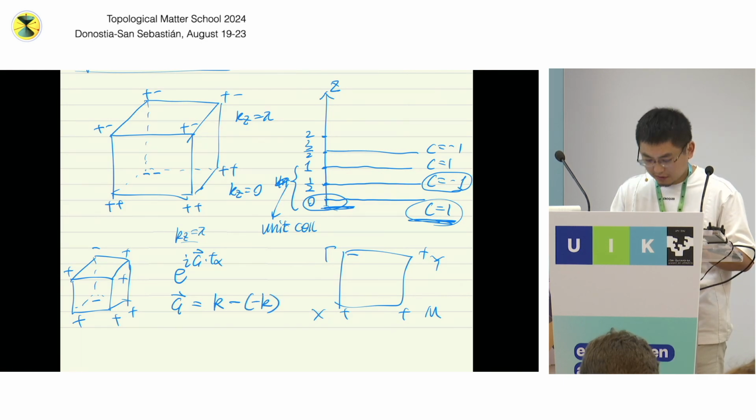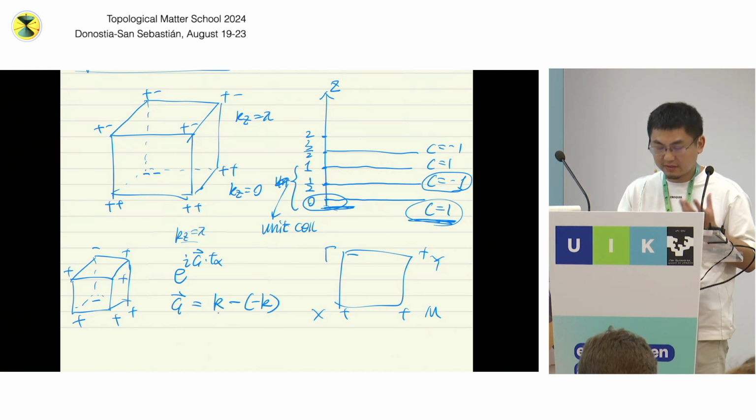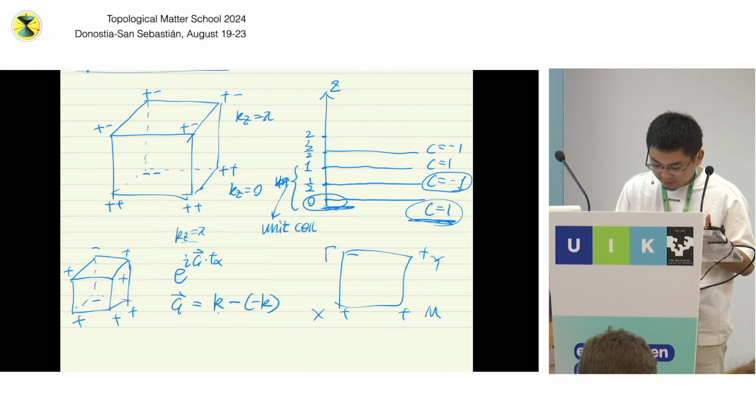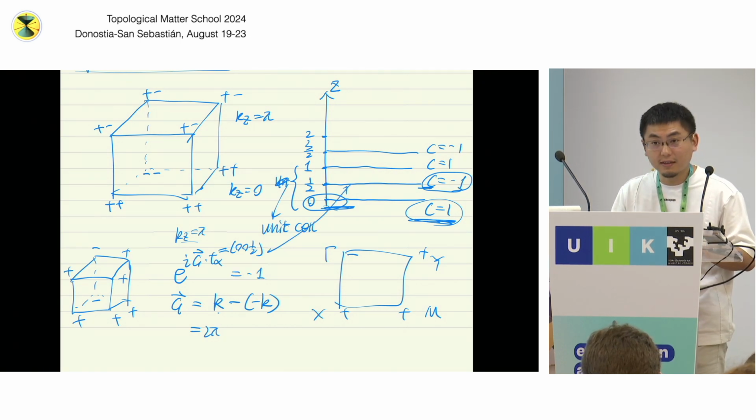For the inversion invariant momenta, k could be 0 or pi. When k is pi, then this G is just 2 pi. So this 2 pi times this T alpha equal to 0, 0, 1/2 for the layer at z equal to 1/2, we have an additional minus sign.